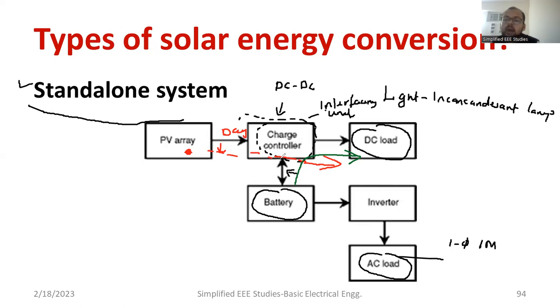We need to maintain the battery to prevent overcharging and deep discharge. Both will impact the battery. So using the charge controller gives two functions. One is that it ensures the protection of the battery, and it prevents overcharging and deep discharge. So charge control is very important here.